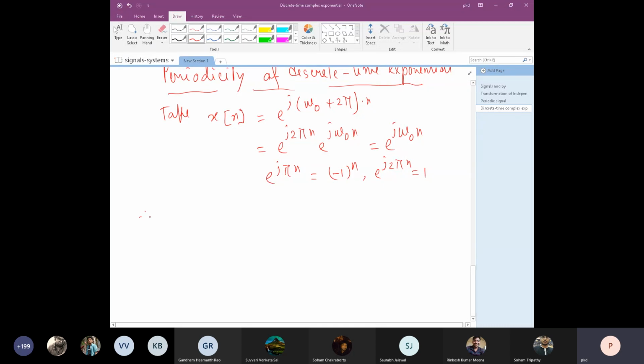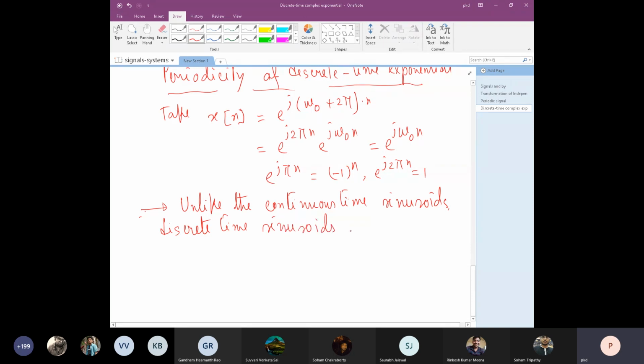So a very important conclusion comes from this observation: unlike continuous time sinusoids, discrete time sinusoids are unique only in a principal interval.